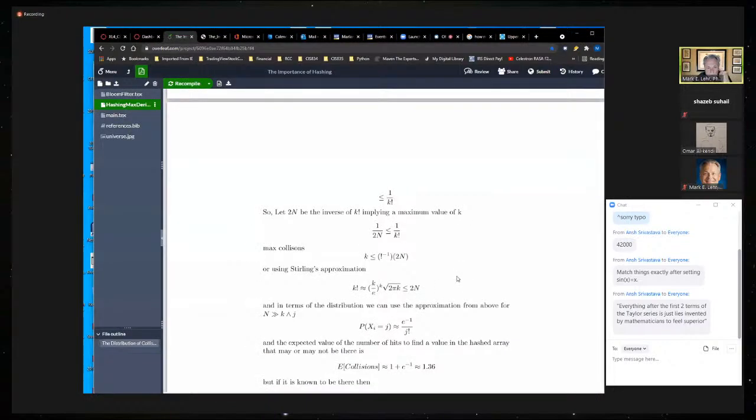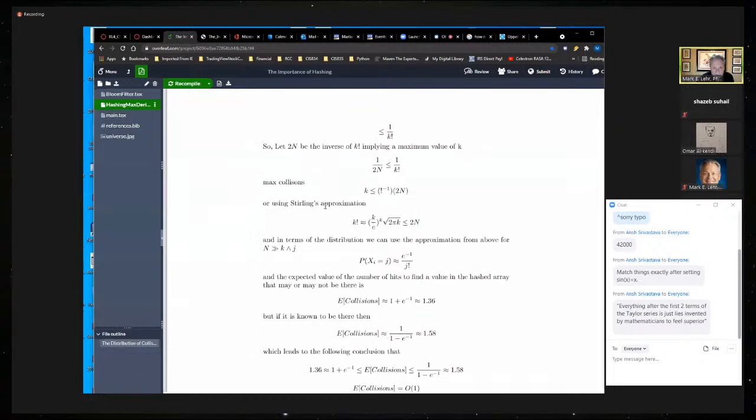So if we go back to our little paper here, and of course, if you want to use Stirling's approximation, you still won't be able to solve it in closed form. There's no function you can put in; all you can do is do a calculation and line them up.